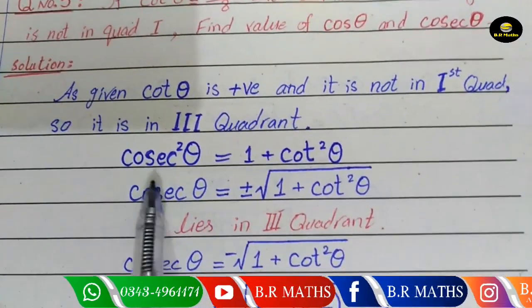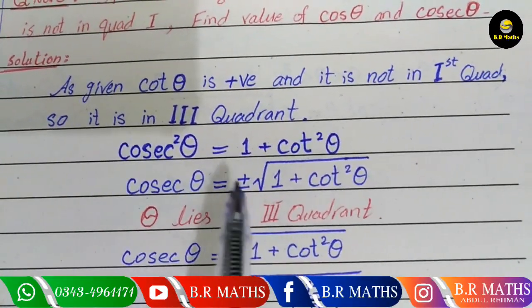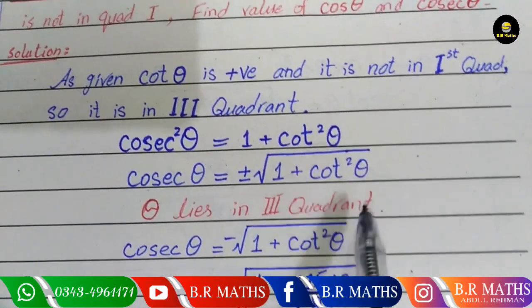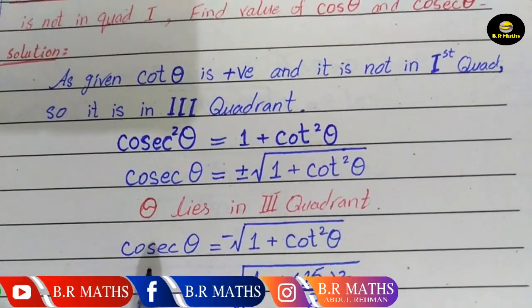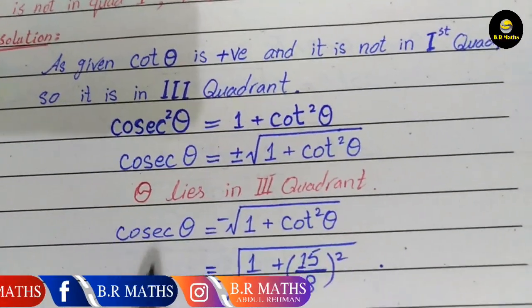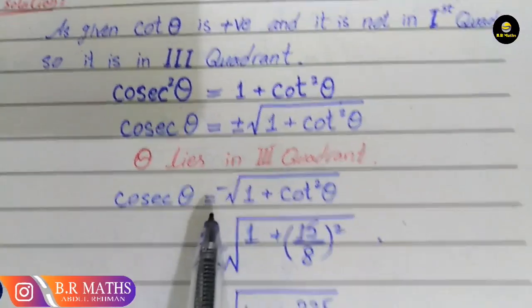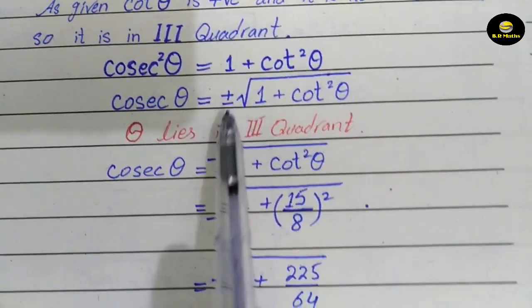So cosecant square is equal to 1 plus cot square. Taking the square root, plus or minus the square root of 1 plus cot square, and theta lies in the third quadrant, which means cosecant is negative because the sign is negative in the third quadrant. Okay, and cosecant is the reciprocal of sine, so it is also negative. So cosecant is negative. Ignore the positive sign.